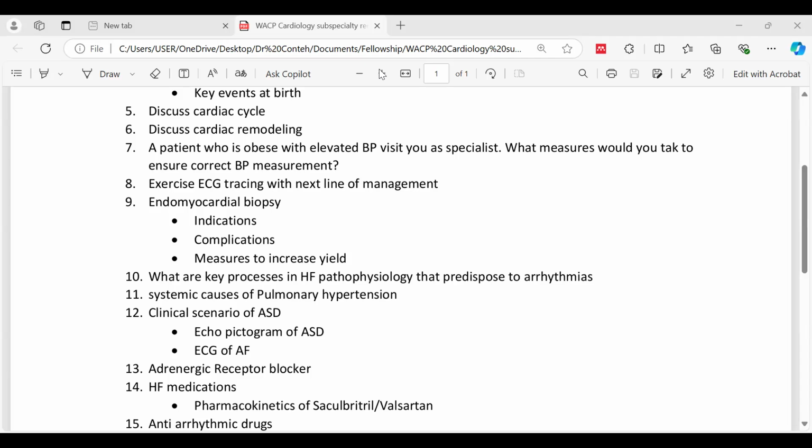Then for the standard Bruce protocol, stage 1 has 1.7 mph at 10%, which is 5 METs. Then stage 2 has 2.5 mph at 12%, equivalent to 7 METs. Then stage 3 is 3.4 mph at 14%, equivalent to 9 METs. Thank you very much, Dr. Laliko and Dr. Sambo, for your add-ons.